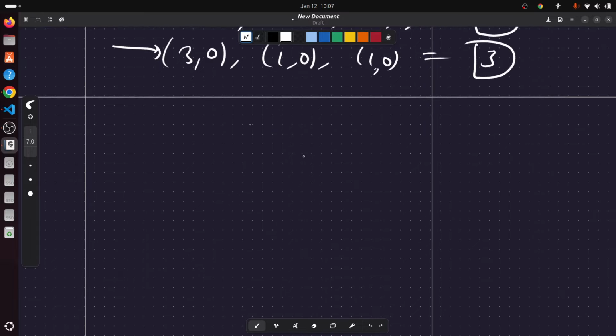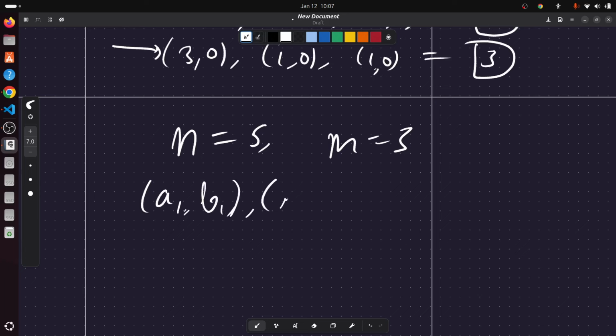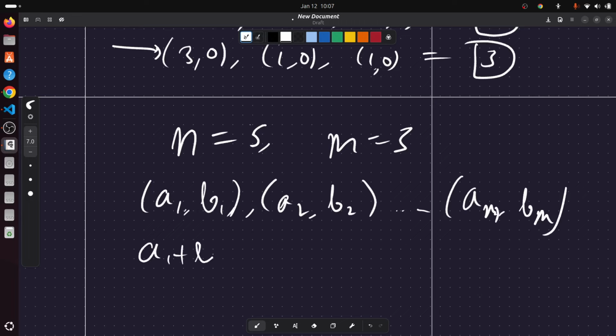In the actual problem, let's say we have n equal to 5 and m equal to 3, and we want to break it into AI and BI: A1 B1, A2 B2, up to AM BM, such that the total sum, A1 plus B1 plus A2 plus B2 up to AM plus BM, should be equal to n.